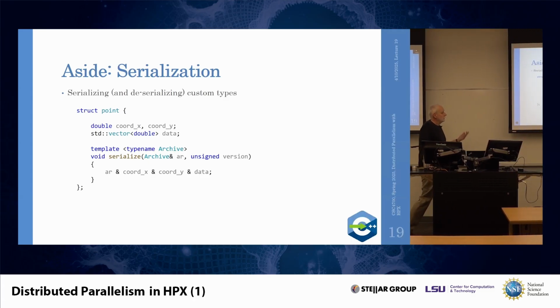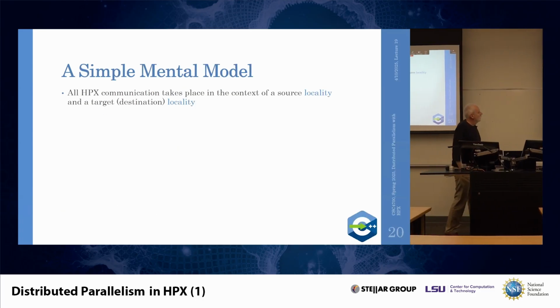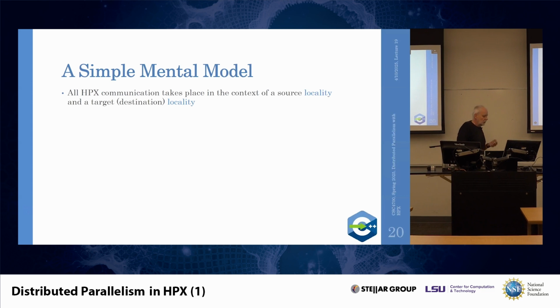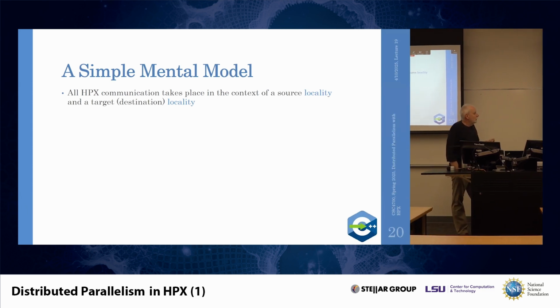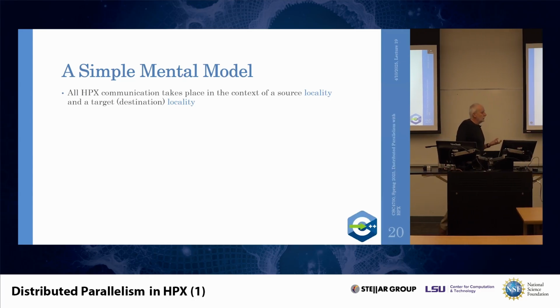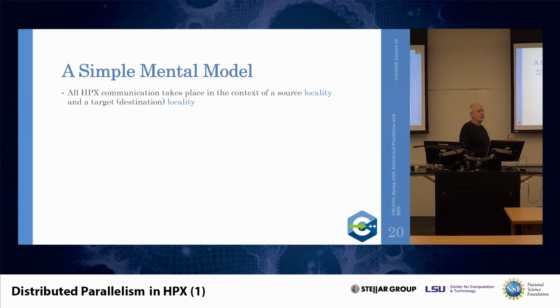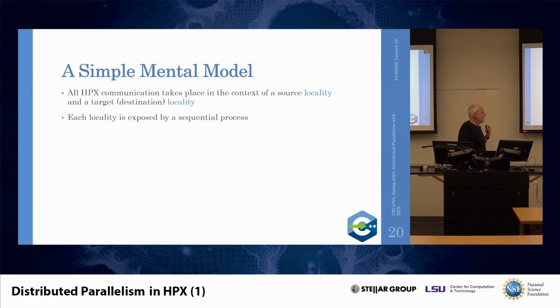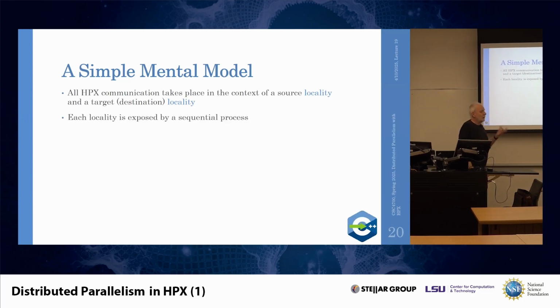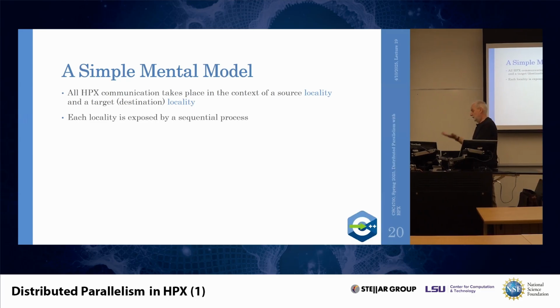So far, just a side note about serialization. Let's get back to that mental model I mentioned in the beginning. You can think of HPX communication as taking place in the context of a source locality and a target locality, or several target localities, where each of those localities is exposed by one of those sequential processes. And we have the sequence number of them.